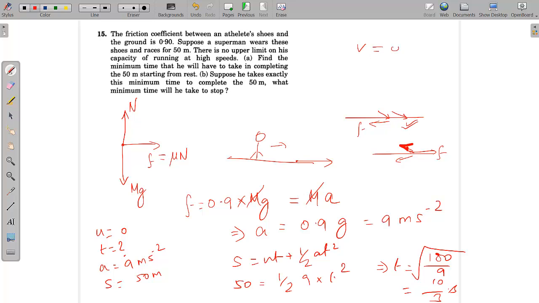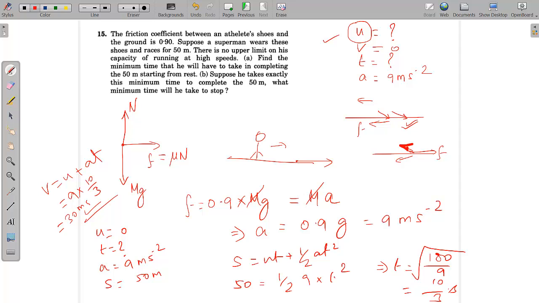Same. So v is equal to 0 here. You don't know the acceleration? Yeah, you know the acceleration already, because the same acceleration will be acting, 0.9 g. The same force acts in the opposite direction, so the acceleration will be 9 meter per second squared. The initial speed for this part is 30 meters per second, the final speed of the first part.